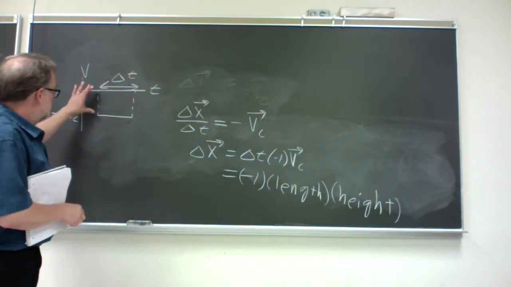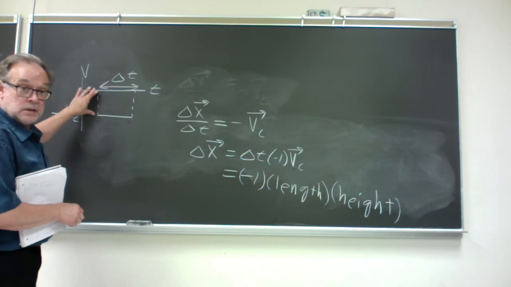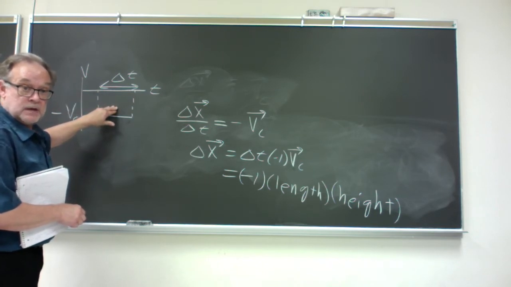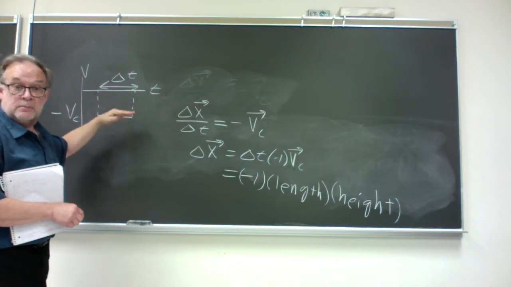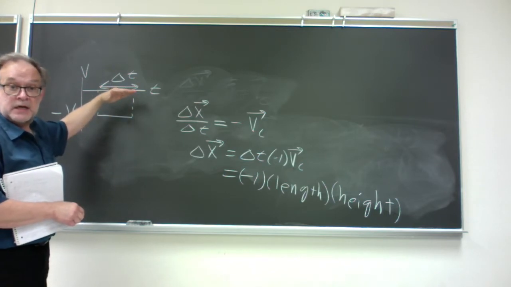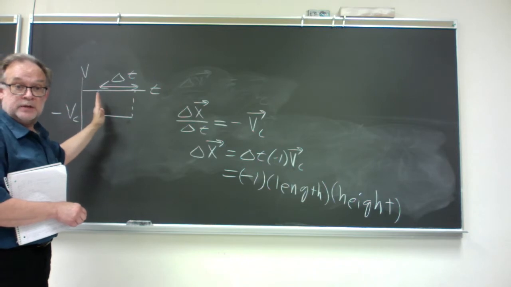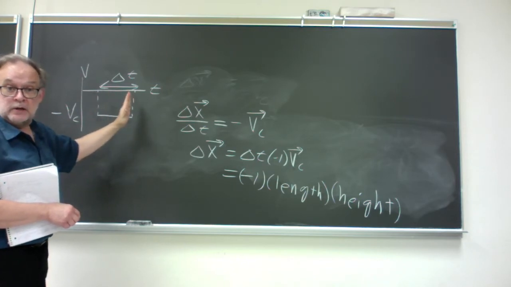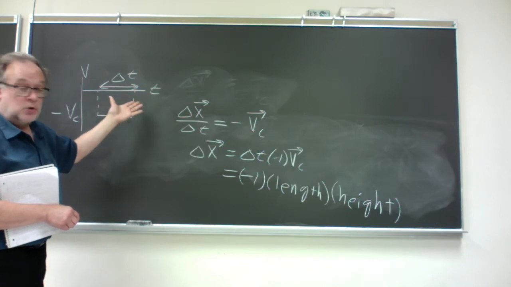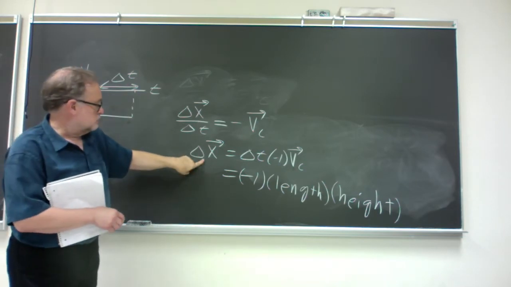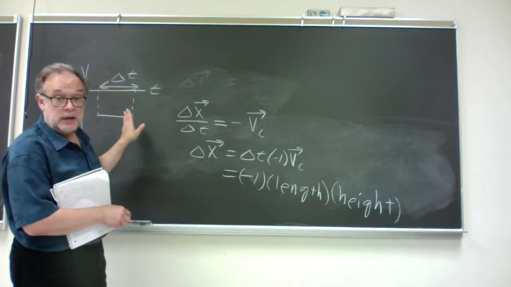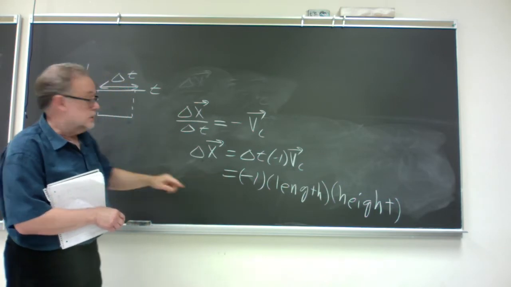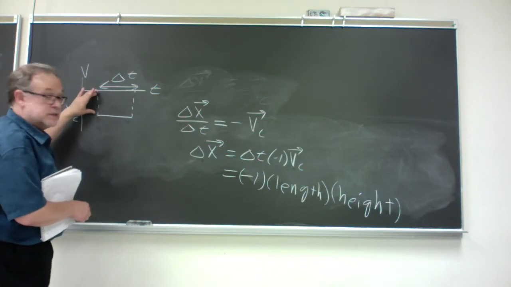This length times this height is just the area of this rectangle. Or in other words, it's the area between the velocity line and the time axis and between the initial and final times in the time interval, delta t. So displacement now, when we had a negative velocity, is minus 1 times this length times this height.